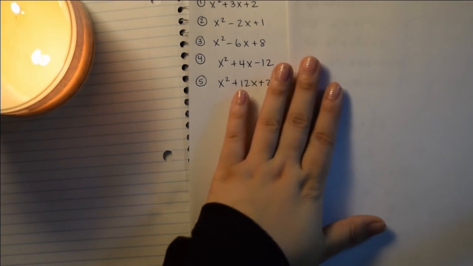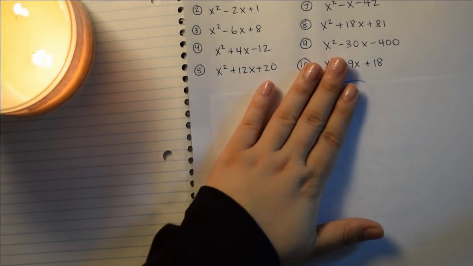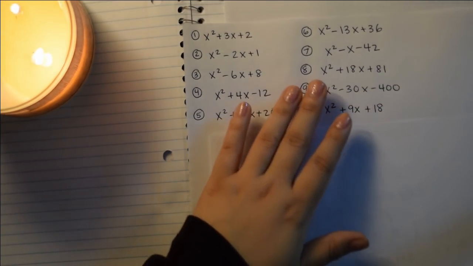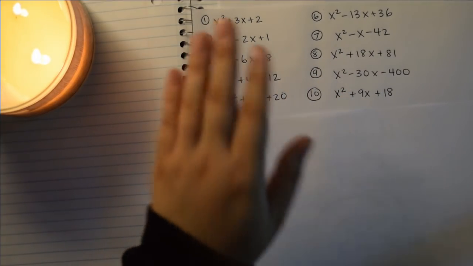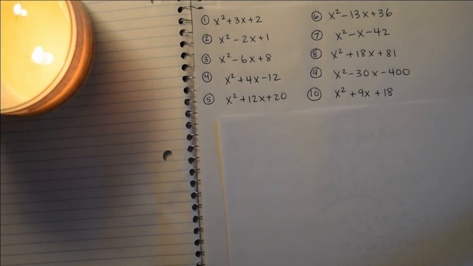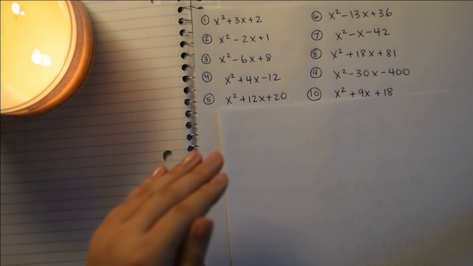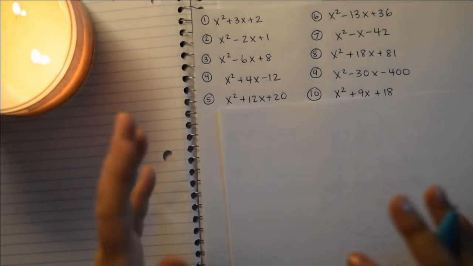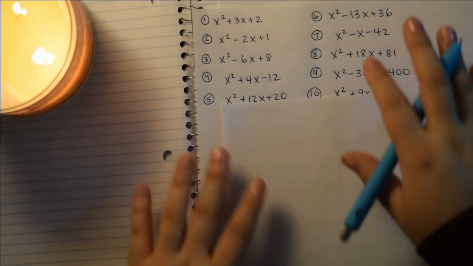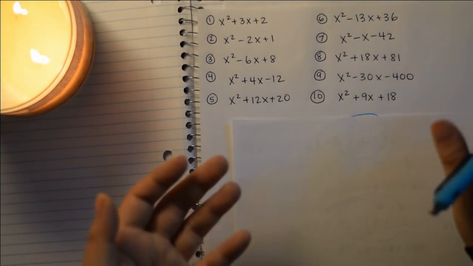Another thing I should mention right before we start is these should all work. So for those of you who have already learned this stuff and are always trying to look for loopholes, this is not the situation where we're going to use the quadratic equation and then factor using x minus one root times x minus the other root. We're not finding the zeros, we're not using the quadratic equation, even though you could.